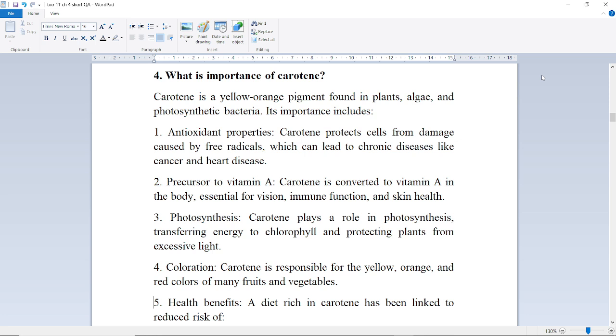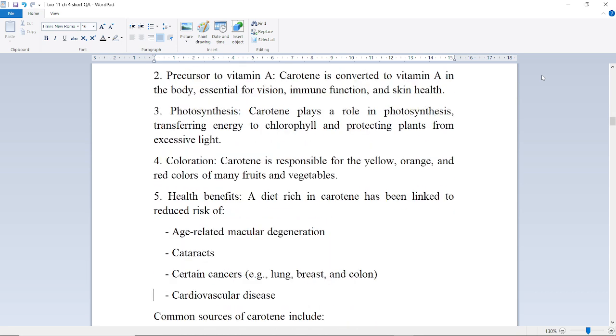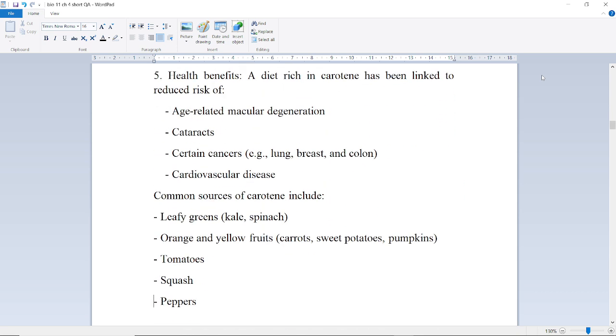Coloration. Carotene is responsible for yellow, orange, and red colors of many fruits and vegetables. Health benefits. A diet rich in carotene has been linked to reduced risk of age-related macular degeneration, cataracts, certain cancers, for example lung, breast and colon, and cardiovascular disease.